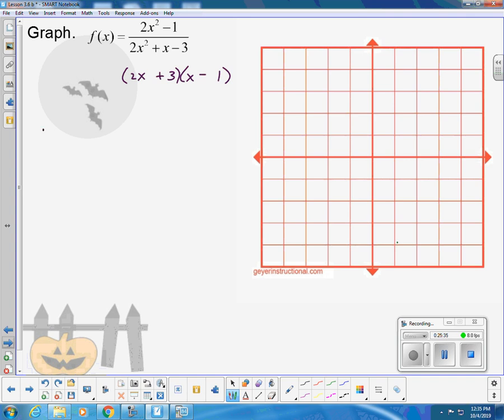So start right now at vertical asymptotes. What do we got? Set these guys equal to 0. X equals 1 and -3/2.